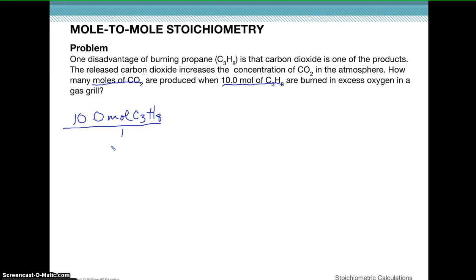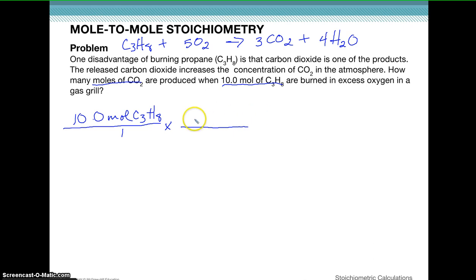So let's make sure we know: C3H8 plus 5 O2 yields 3 CO2 plus 4 H2O. Now, if you didn't already know it, you would need to write the balanced equation. Okay, so we're given moles, we're trying to find moles. So we don't have to do anything with molar mass this time. There are no grams involved.